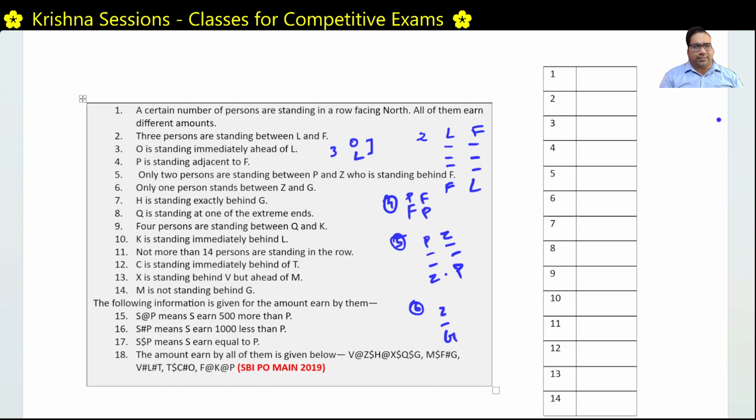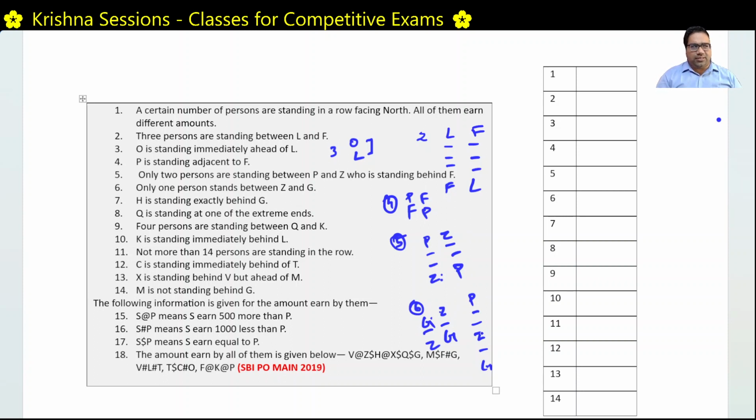Let's combine 5 plus 6. What does that mean? It can be like this, P, Z and G, or Z and G, as per condition number 6. Taking these together, there are 2 by 2 combinations, so let's try all four.